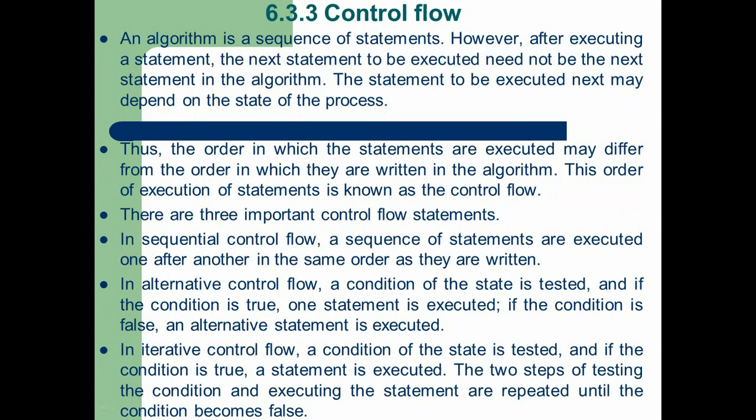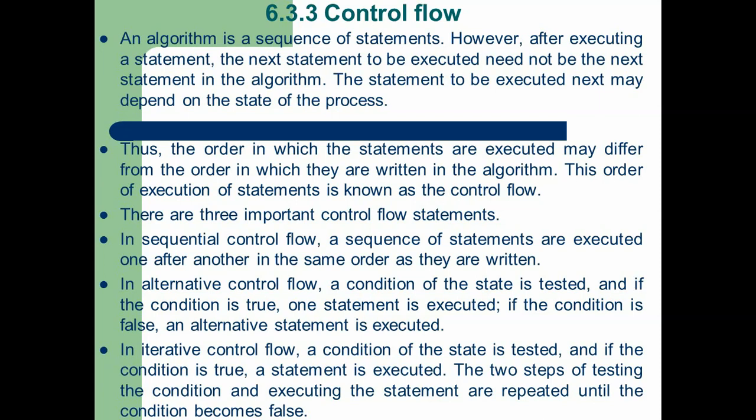Now we are going to the third block of algorithm called control flow. In programming, sometimes we want to repeat the same instruction or same steps again and again for achieving the result. In the same way, sometimes we want to skip some of the instructions, and some of the instructions should be executed.